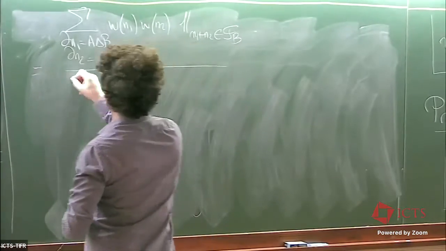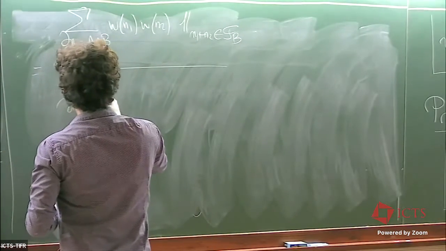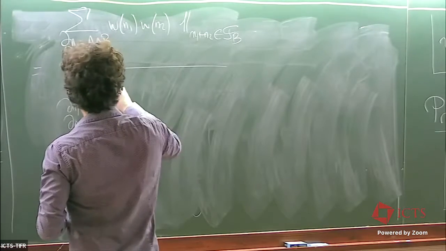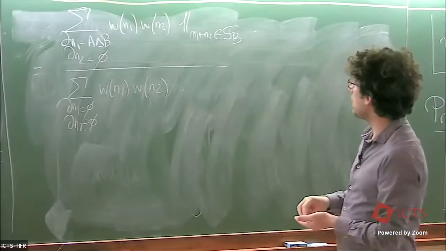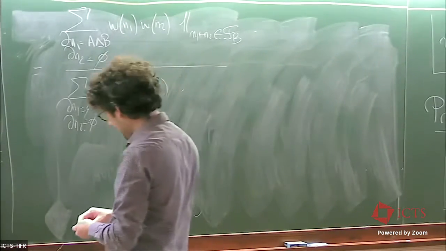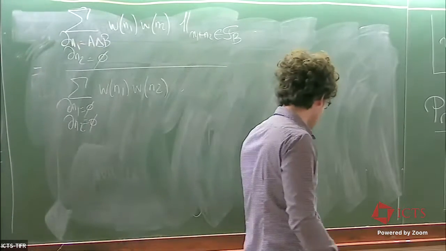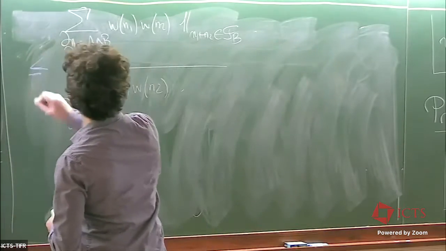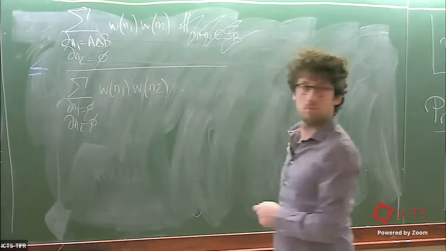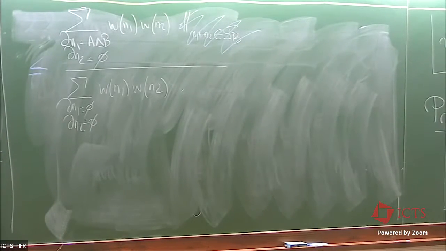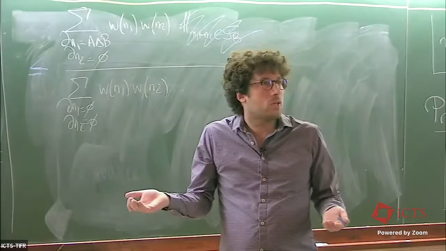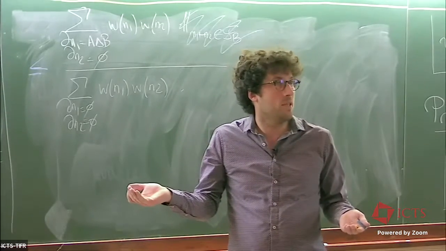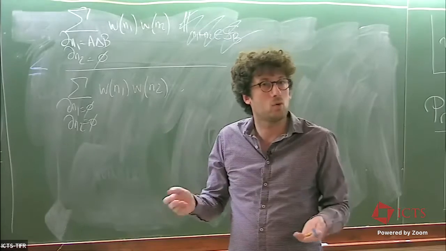On the bottom, I have the sum with n1 empty set, n2 empty set. If I'm only interested in an inequality, I can just write the inequality by dropping this term. After I do that, both on top and bottom, the second current has empty sources, so I can remove it. The ratio is equal to 1.